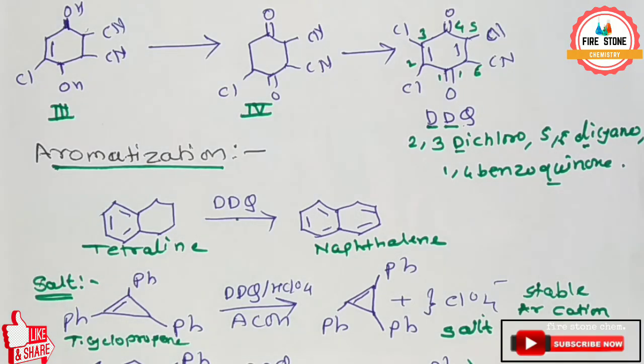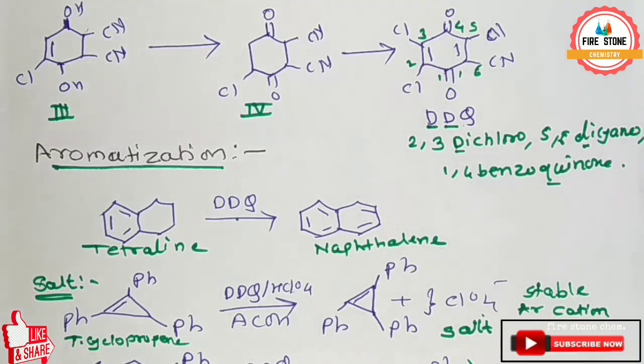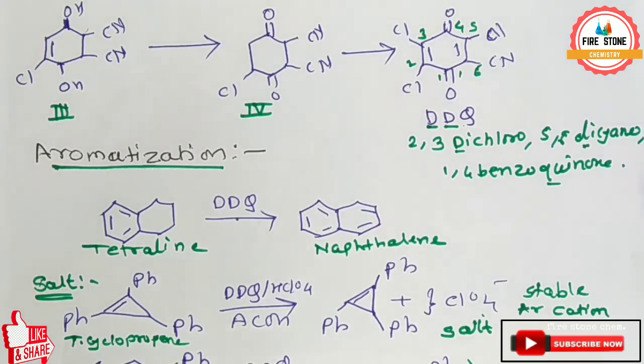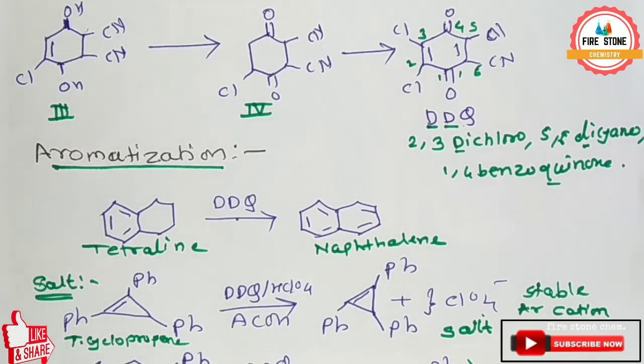So DDQ is the most important reagent for the dehydrogenation of compounds, and the applications are aromatization, preparation of salts containing stable aromatic cations, oxidative cyclization, that is cyclodehydrogenation of phenolic and carboxylic acids, and oxidation of phenol.